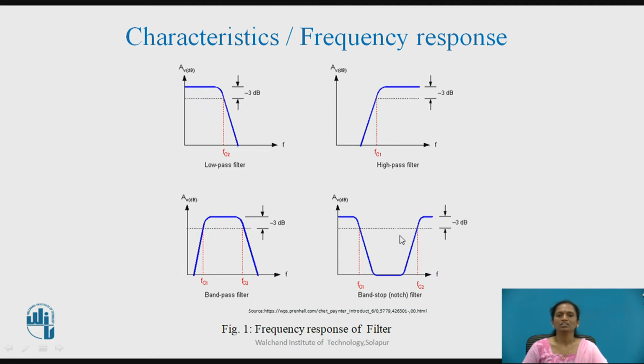So these are the various frequency responses of the filter. These are the four types we have seen. If you have an all pass filter, it does not have any stop band or pass band. It will always pass the signal, and whatever the input is, that is available at the output. So that is also there in the filter types.